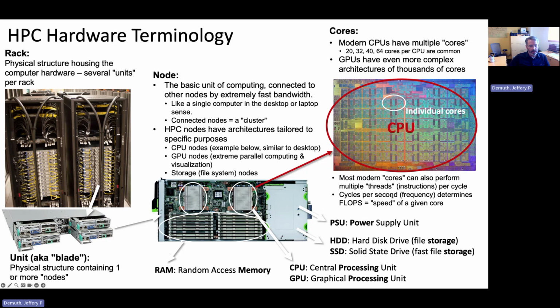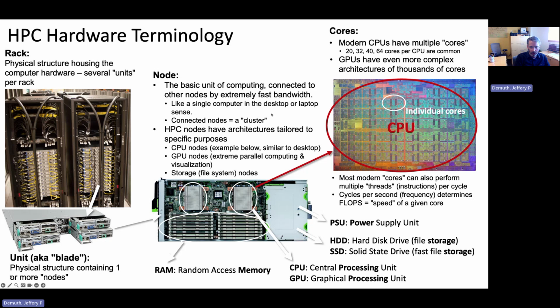That sometimes is equated with speed of a core. Like how fast is it? How many computes can it do per second? So you can see the infrastructure gets pretty complicated. Hopefully, this gives you an overview.